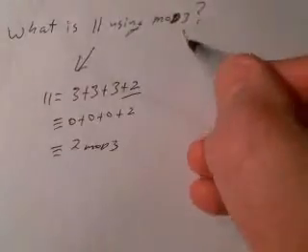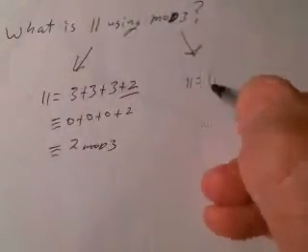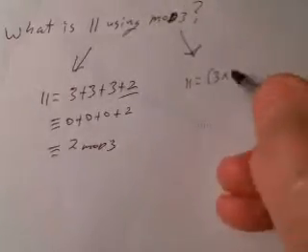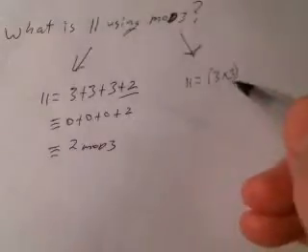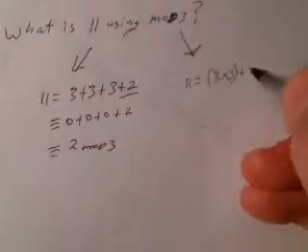Some other students prefer to use the division algorithm, which is taking 11 and saying, I'm using a 3-hour clock, and how many times do I need to go around the clock? Well, 3 times, which gets me right back where I started. And 3 times 3 is 9. There's 2 remaining.